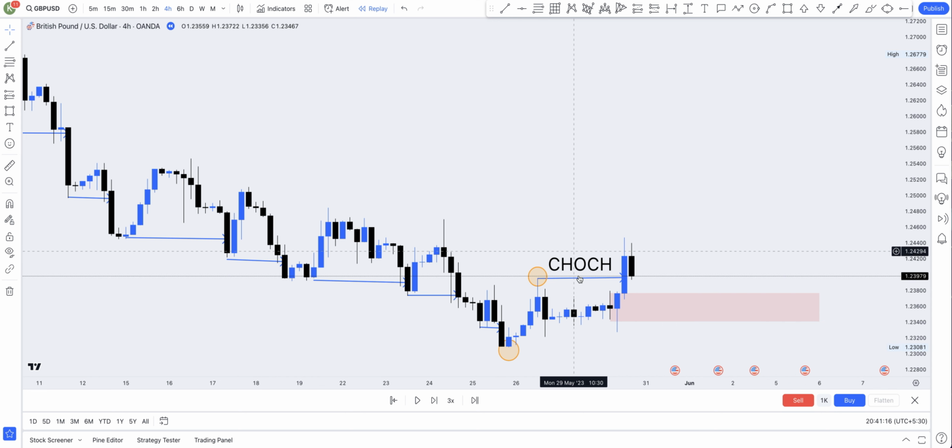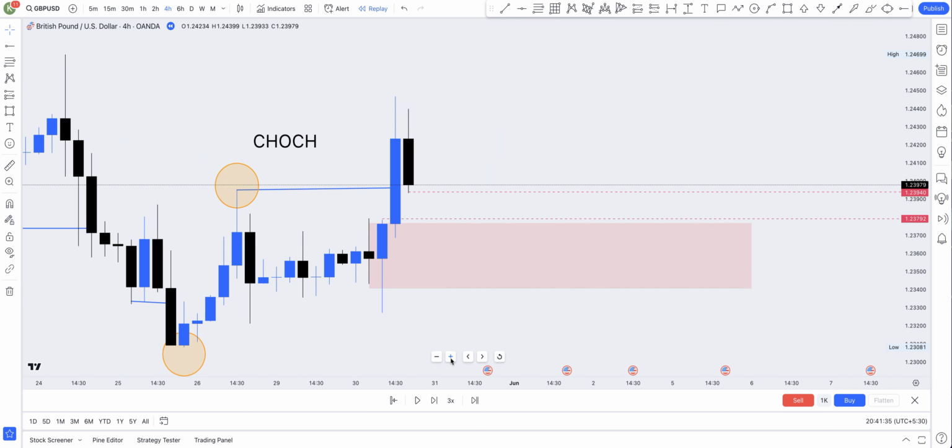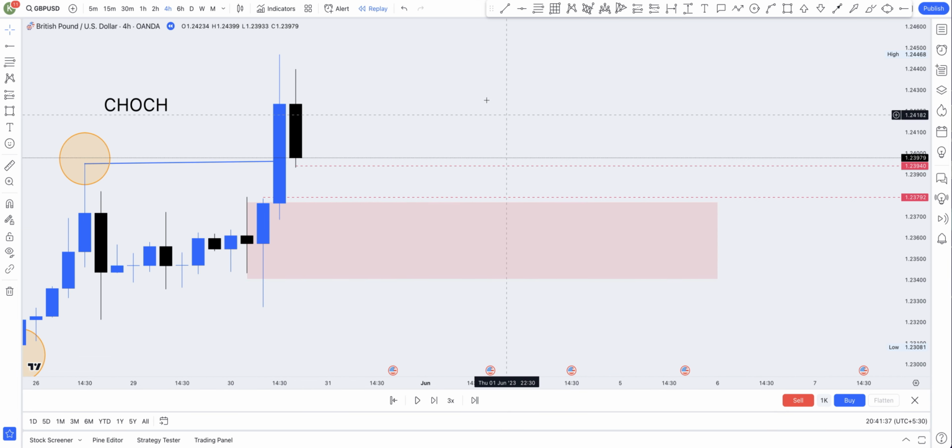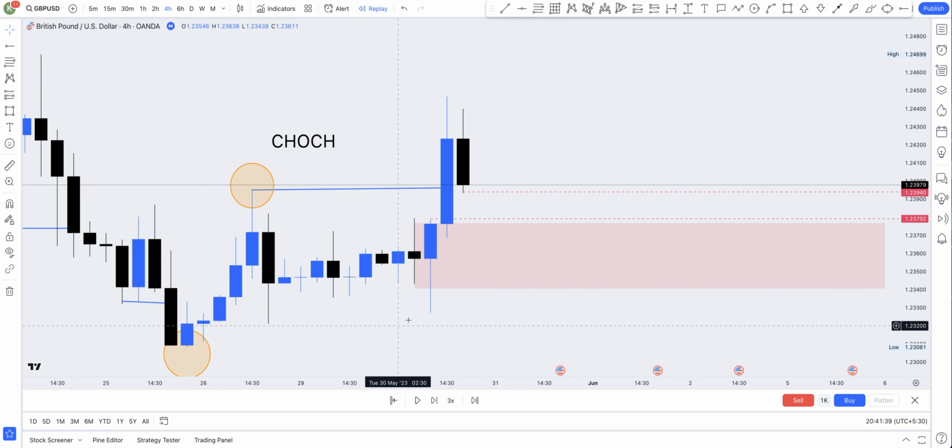Because we had a choke here, and we also have an imbalance. So our imbalance is between these three candles. Let me put it here, sorry. So our imbalance is between those three candles, and we are waiting for price to come back to that zone for us to continue buying.